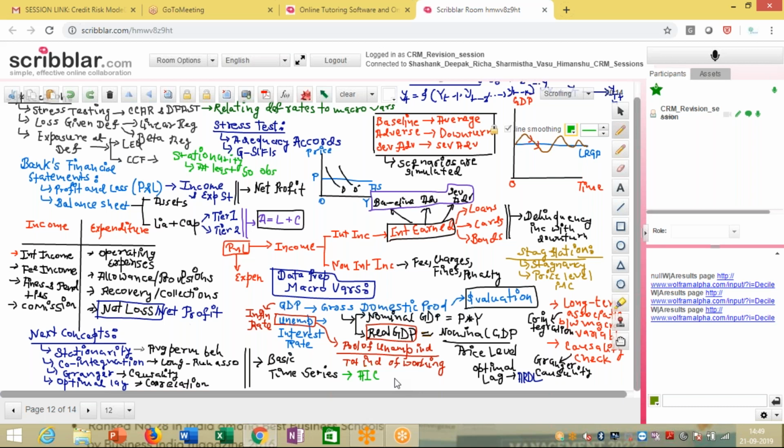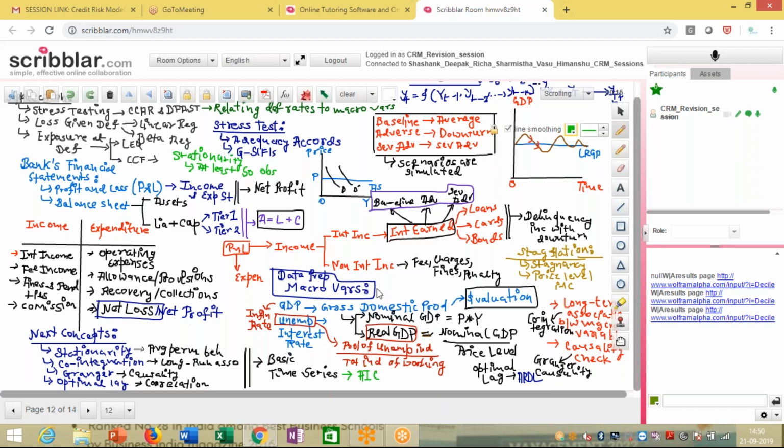Now, the next question that I need to answer over here is: what does the stationarity of a time series mean? For this, the example that we will use is that of the gross domestic product.